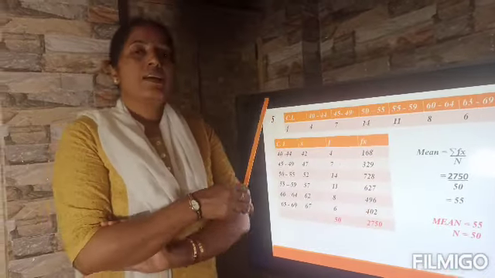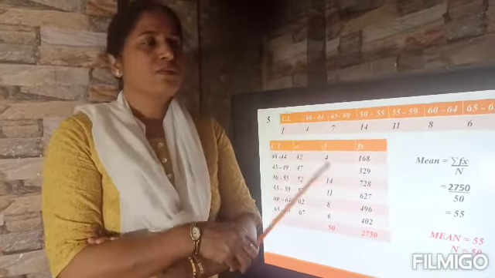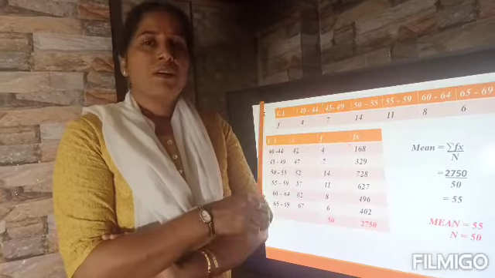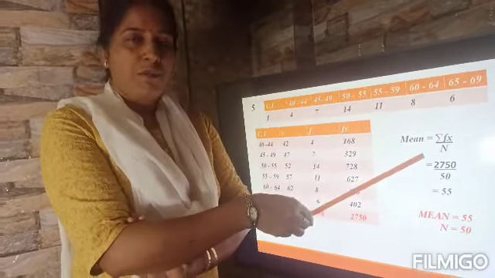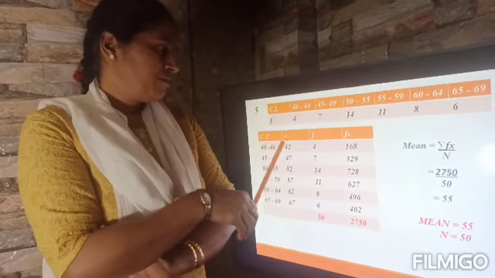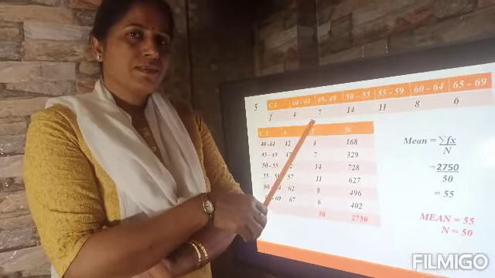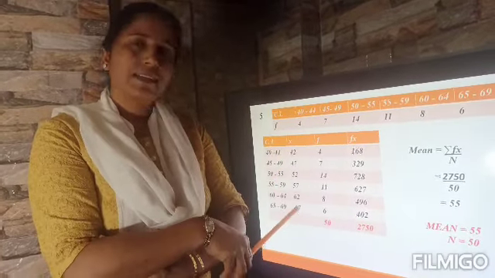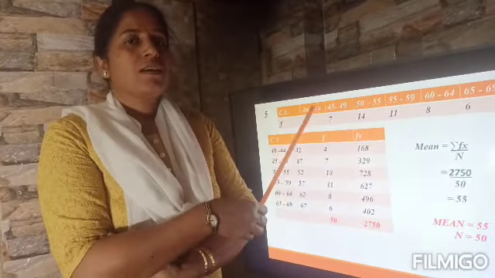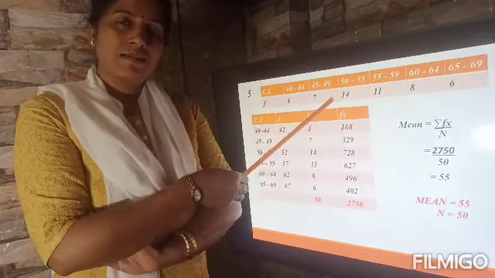Okay students, I did 5 sums for mean. Okay, very simple. Just remember this formula and multiply these two columns. In some sums they give directly this x column. Otherwise they'll give class interval.